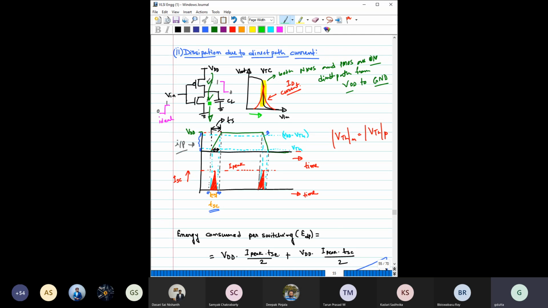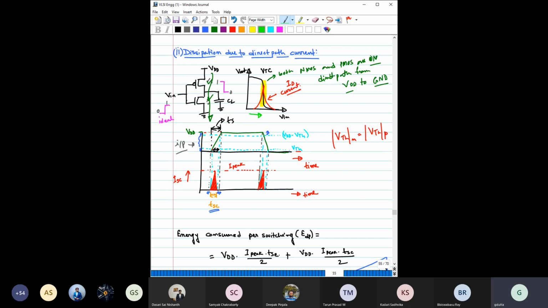Shorted basically means a direct path, even though it's not actually shorted, because there is resistance offered by this MOSFET as well as this MOSFET. But there is a direct path between VDD and ground, so it will cause some power dissipation.